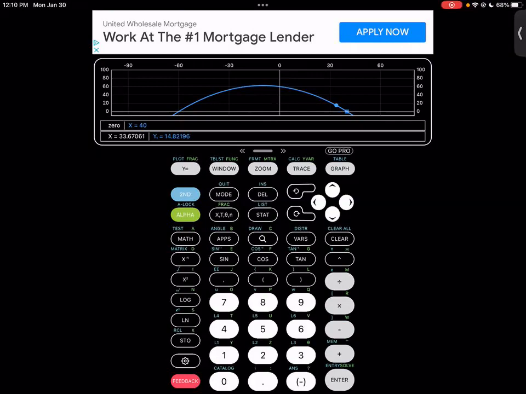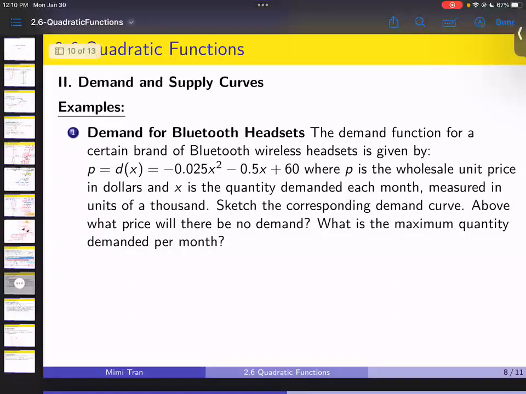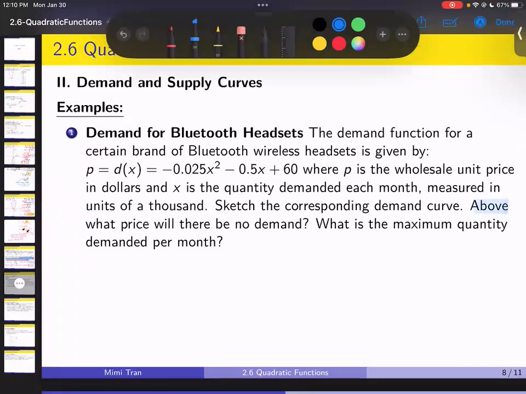So you can see it's an upside down graph, right? Let's answer the question. Sketch the graph. Yes, we did. Above what price will there be no demand?